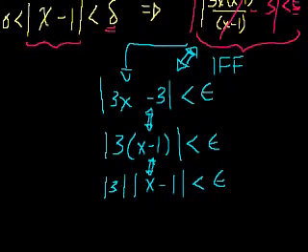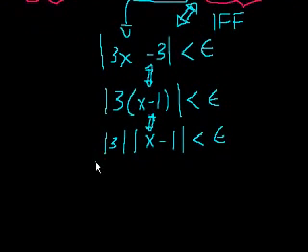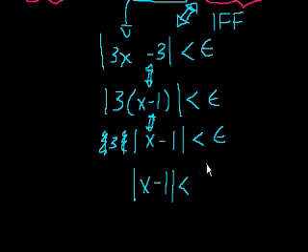And then the absolute value of 3 is just 3, right? We know that. Let's divide both sides by 3, and I can just get rid of the absolute value signs right there, because we know that's 3. If you divide both sides of this equation by 3, you get the absolute value of x minus 1 is less than epsilon over 3. So what have we just done so far?